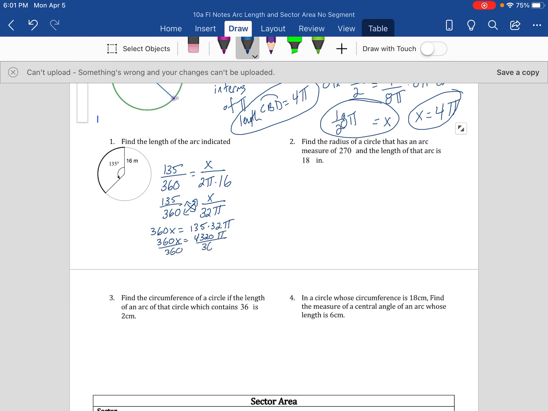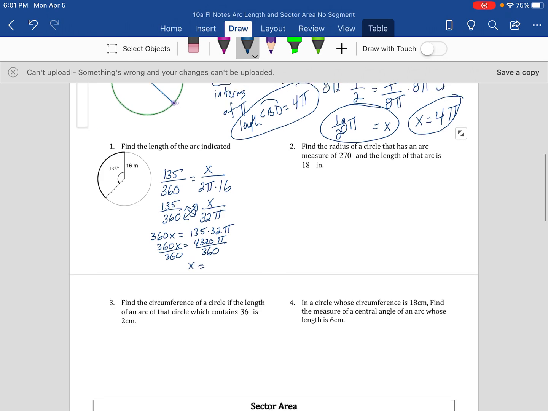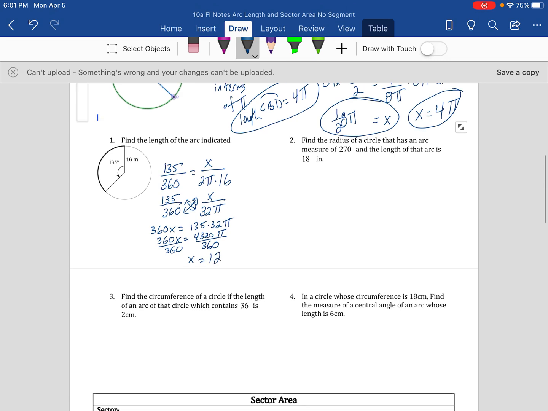I divide by 360. x is equal to, now you just kind of ignore the pi, it's actually going to be 12 pi meters, and don't forget your units.